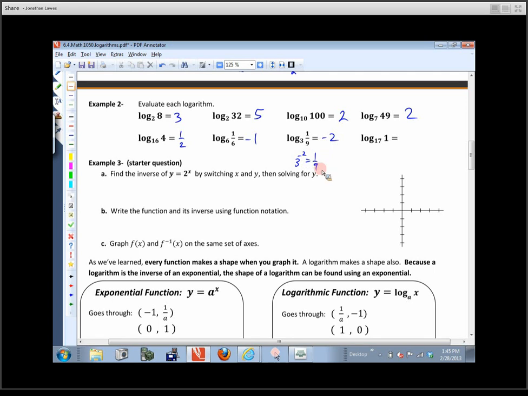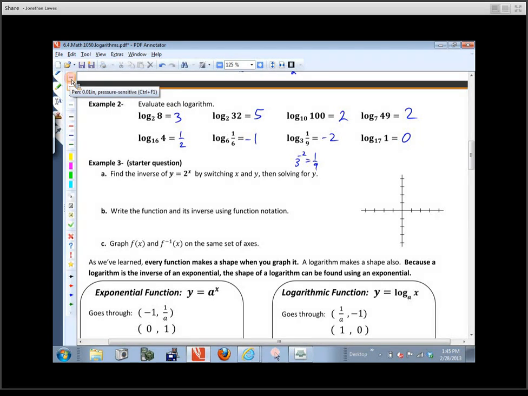Does it work? It does. Again, exponential form for most people, because we're comfortable with that, is a lot easier to see. And how about this one right here? It is going to be 0. 17 to what power gives me 1? Any number to the 0 power will give us 1, so the answer there is 0. Okay, are there any questions? Okay, so let's come back to the starter question.